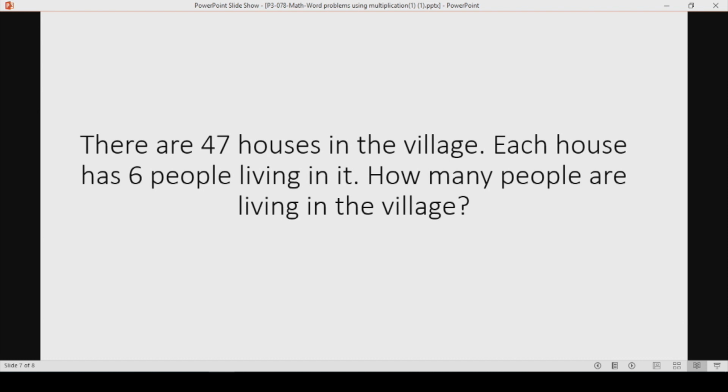So let's see, how many houses in the village? How many? 47. How many people in each house? So we do 47 times 6.